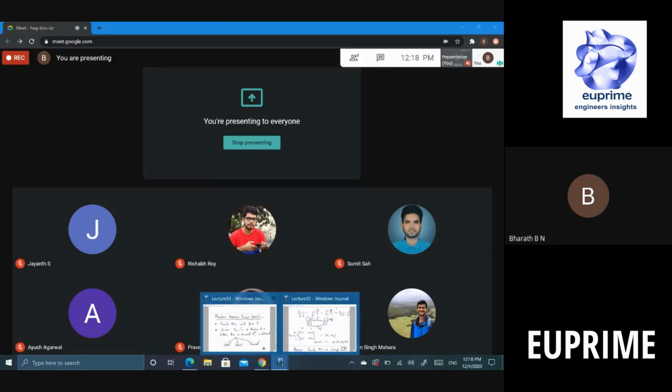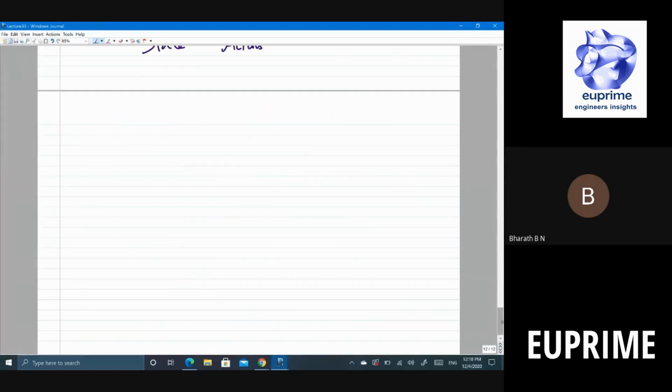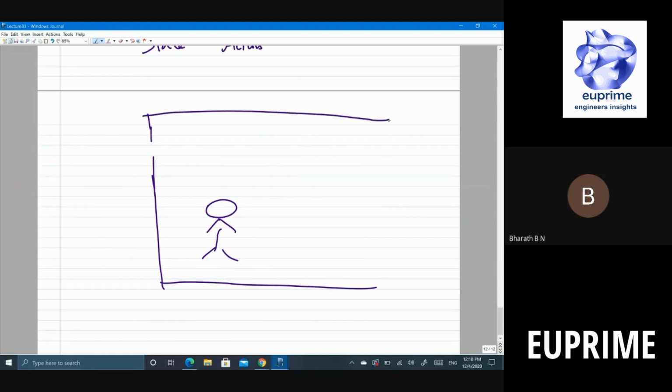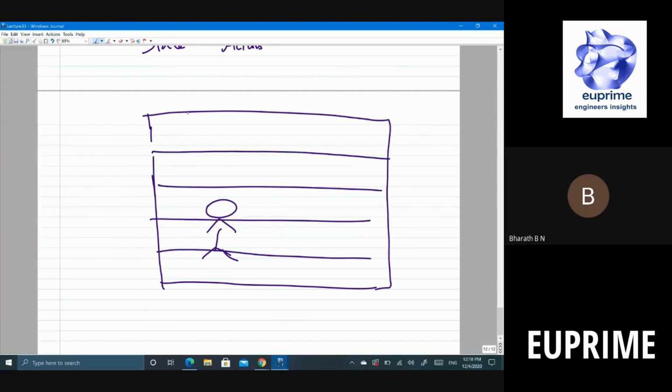So now suppose you have this problem. Let's say there is a robot, and there is this room, and the room is divided into smaller regions like this.